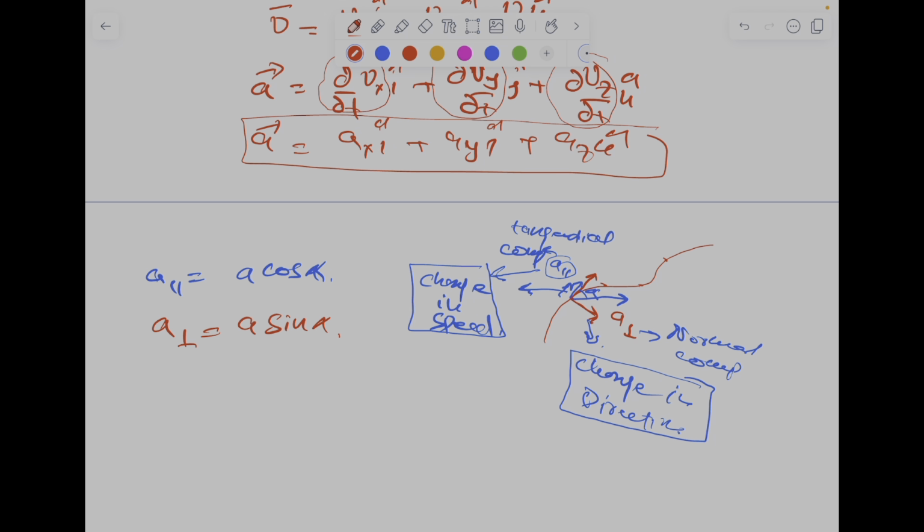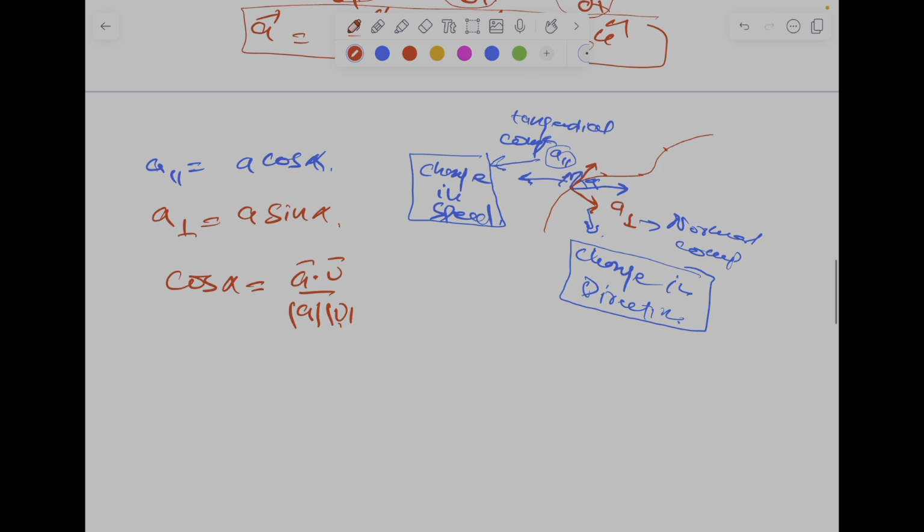We can find alpha by the formula cos alpha equals a dot v over the magnitude of a times the magnitude of v, which is the dot product between a and v. So we can find the direction of this angle alpha with this formula.